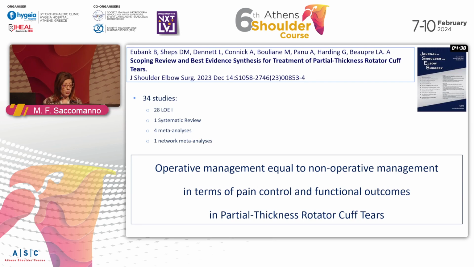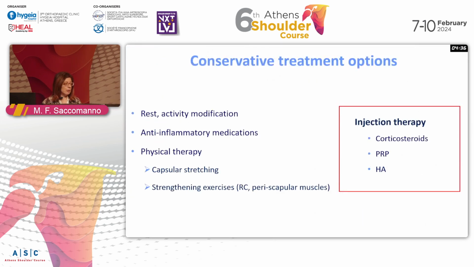So it's not worthwhile to jump to an operative treatment first. What do we mean when we talk about conservative treatment? Conservative treatment options are, of course, rest, activity modification, painkillers, and physical therapy, which for sure has an important role.